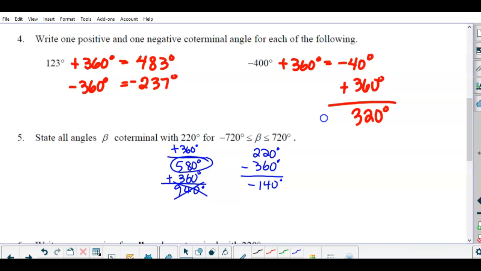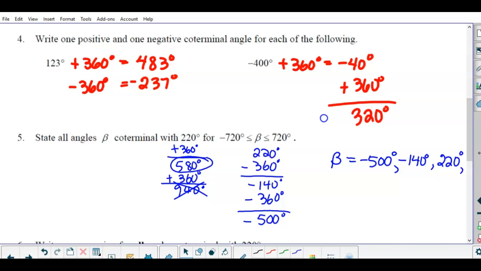That's still within that interval. Then I can subtract another 360. That's still within. If I subtract another 360, it won't fit in that interval of values. So when I list them, beta equals, I'll put them in order, negative 500, negative 140, 220, because that's the one that was given to us, and then 580.